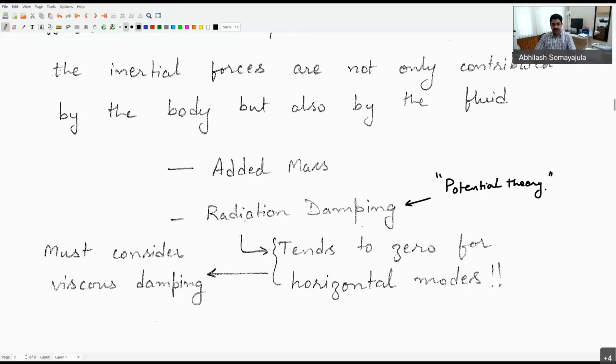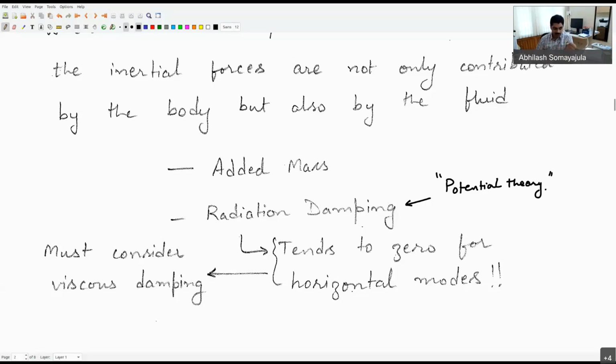Notice that the radiation damping generally tends to 0 for the horizontal modes. That is because when we are looking at the horizontal modes, we are really looking at operations which are really slow. At very low speeds or very slow motions, you don't tend to set off very large waves, right?